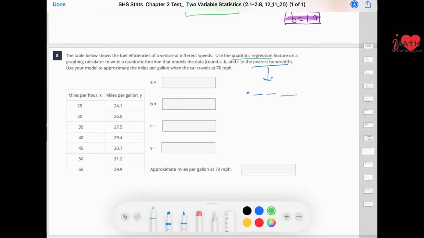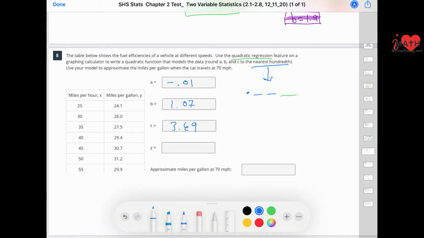Okay, so they want us to round to the nearest hundredth. So a is going to be negative 0.01. B is 1.07, because I looked at the third one, it's higher than 5, so we round the 6 up to a 7. C value is 3.69.